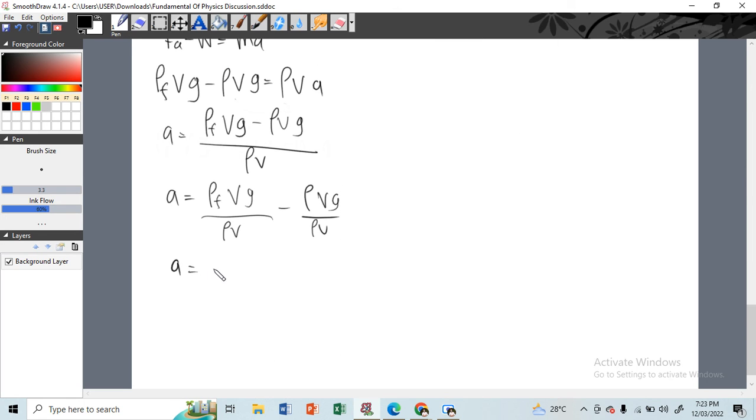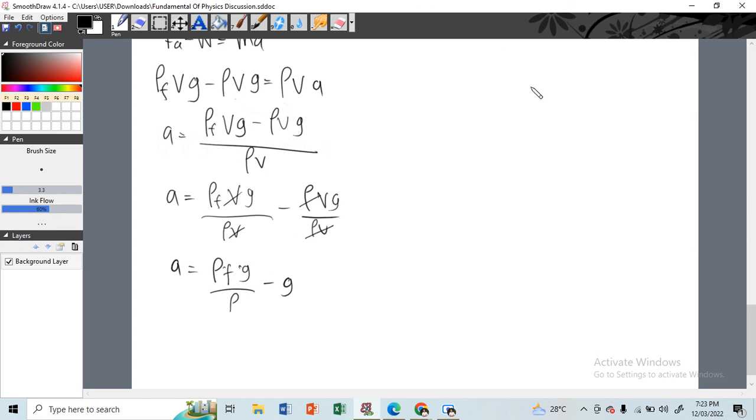So a will be equal to, we could eliminate rho V and rho V, and then we get rho f g per rho minus g.